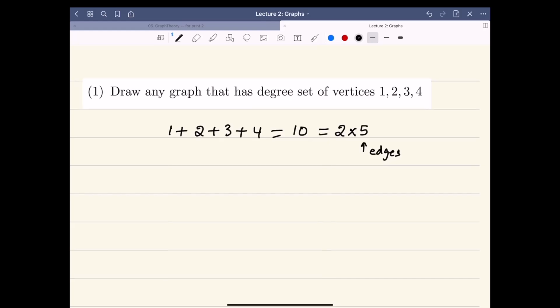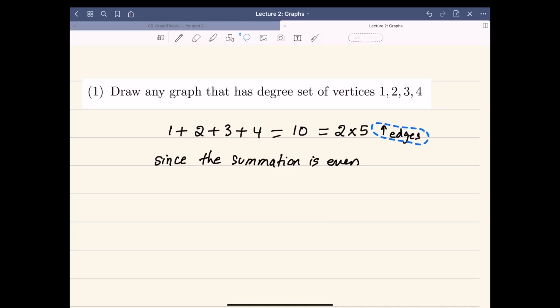Next, since the summation is even, then the graph exists. Okay.